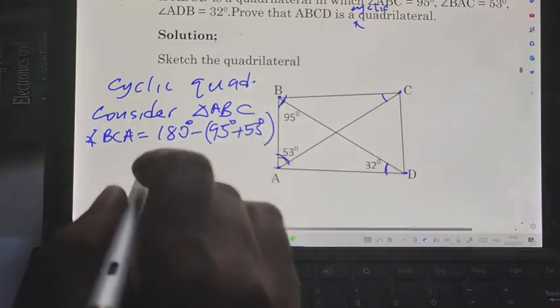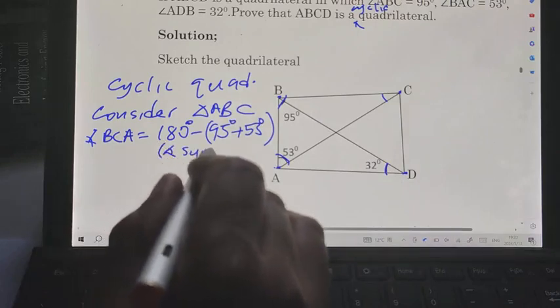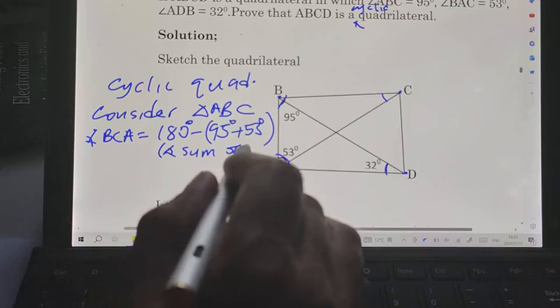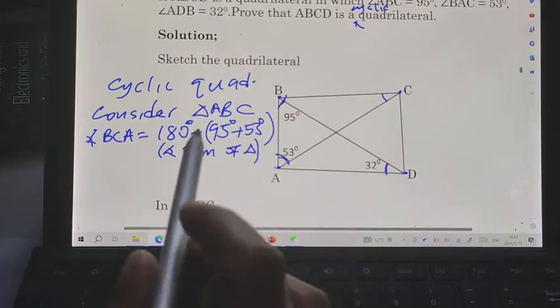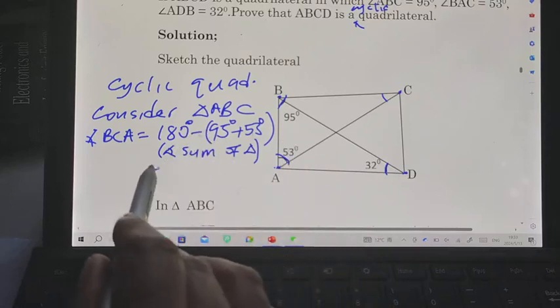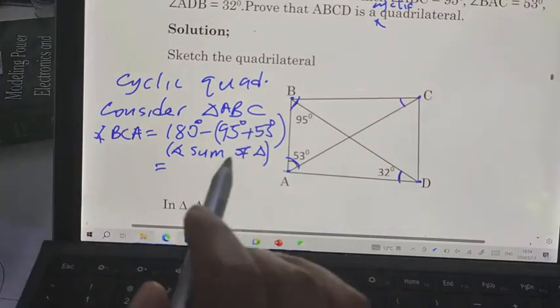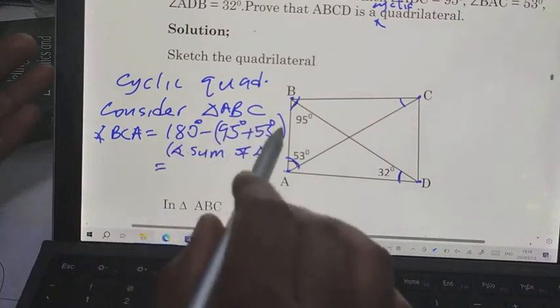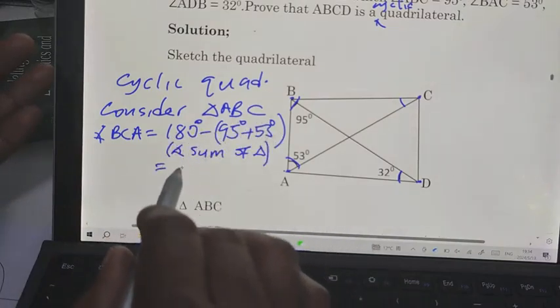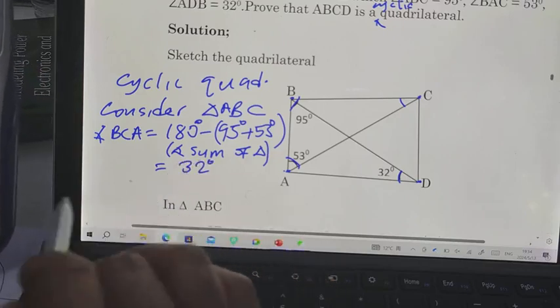Reason: angle sum of a triangle is equal to 180 degrees. So we subtract that and find the value of that angle. If we use a calculator, 180 minus, in bracket, 95 plus 53 degrees, the answer will give you 32 degrees.